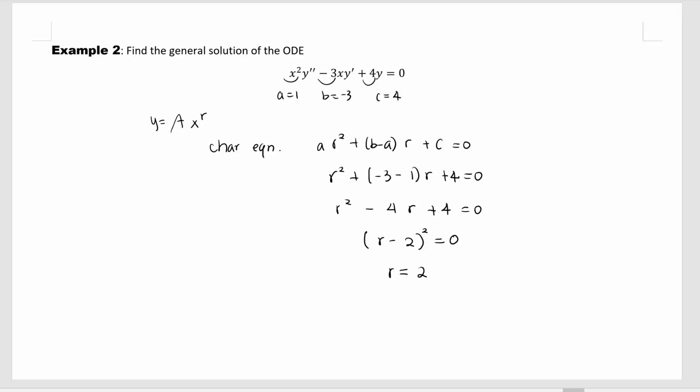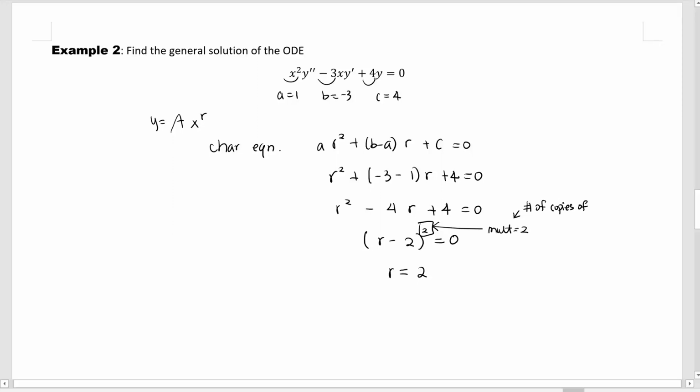And why do we call it repeated? Because you see, the number of copies of this factor is 2, so it's repeated. The number of copies is the multiplicity of that root. So the multiplicity is 2. The multiplicity is the number of copies of the factor.